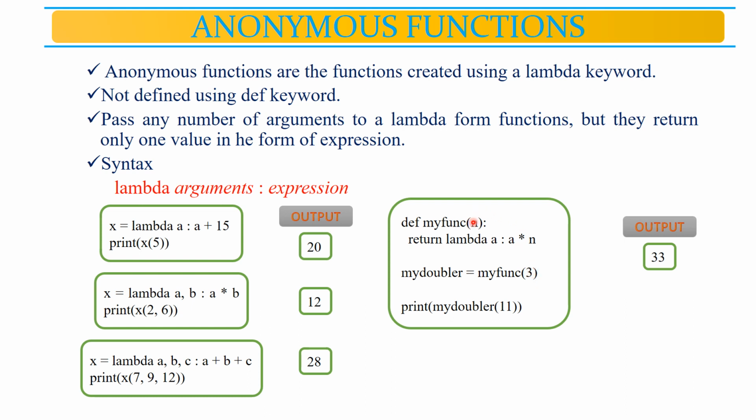Here the n value will be 3. So print mydoubler of 11. That is, n value is 3 and a value is 11. So 11 into 3 is 33. The output will be 33. So this is called an anonymous function.